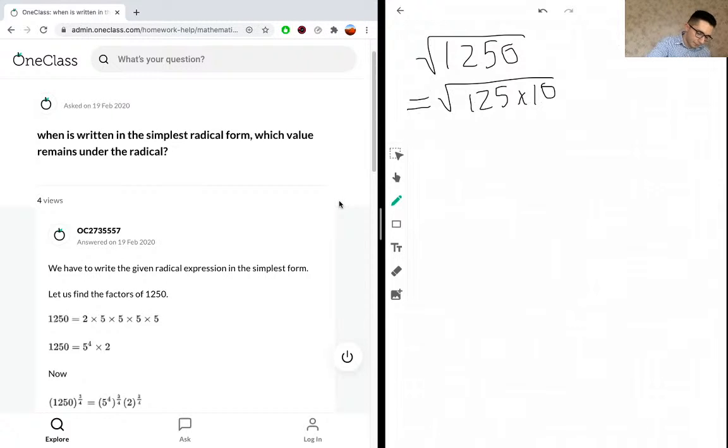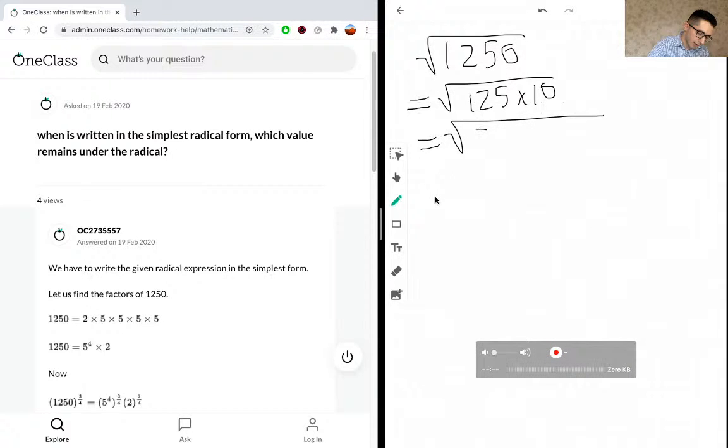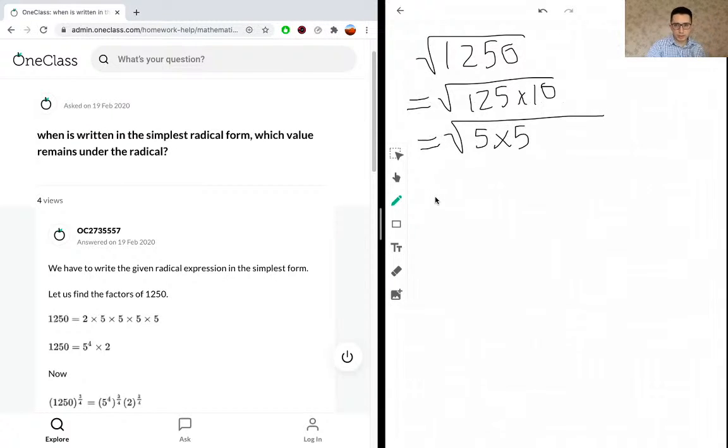We know that 5 times 5 is 25, and then 25 times 5 again is 125, which is this term. And then we still have the times 10.